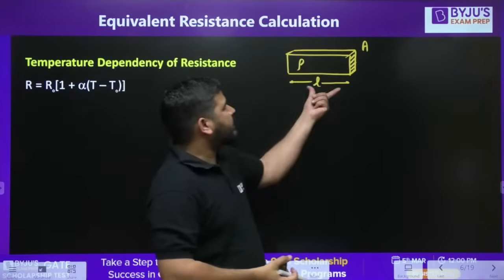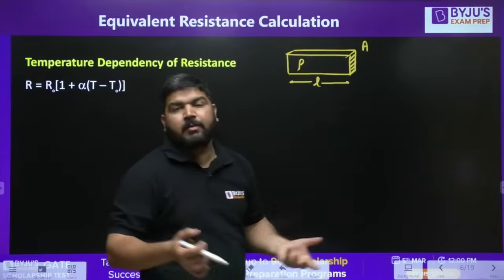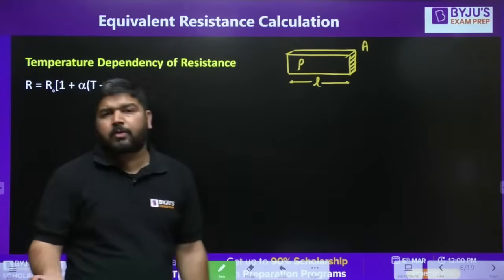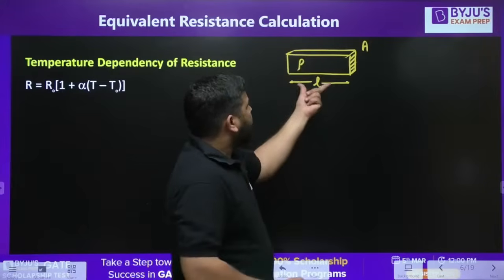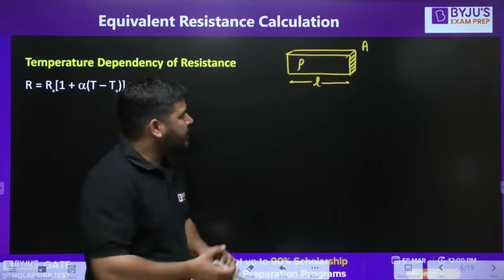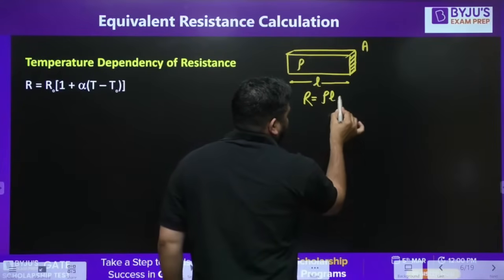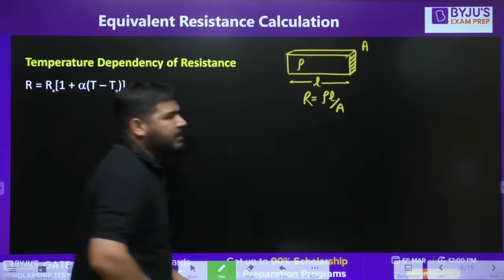Resistivity depends on the type of metal, let's say aluminum or copper or maybe iron. If you fix these three things, its resistance is fixed: R is fixed, R = rho L by A.